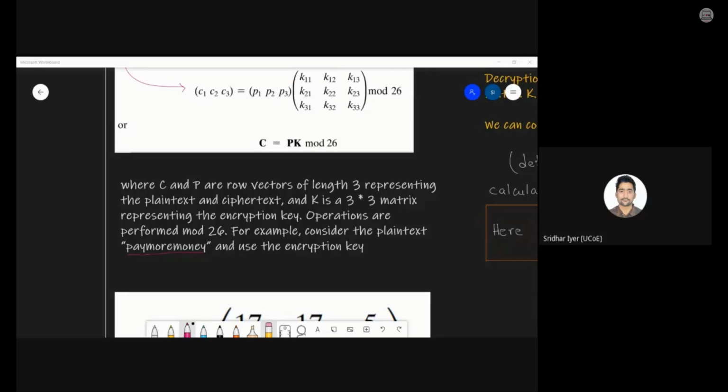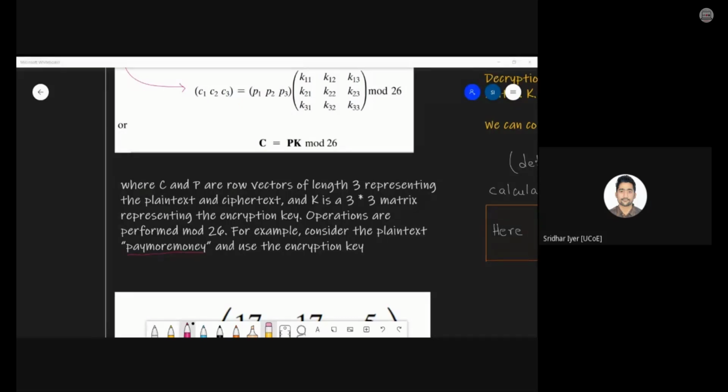So now you might be wondering, the plain text length is 12. Do we need a 12 by 12 key? Yes or no? Can you solve it manually within the stipulated time period of your exam? No. 12 by 12 matrix means a lot of manual work. Even calculators can't do that.